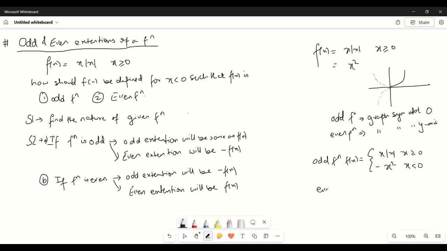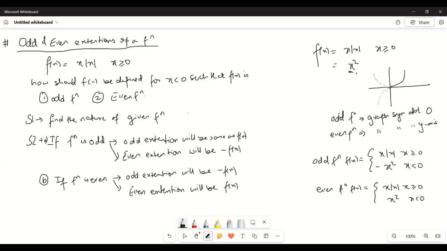Okay. And the even extension, the even function of f(x) would be x mod x for x greater than 0, which is given, and x square for x less than 0. This would be the even extension.